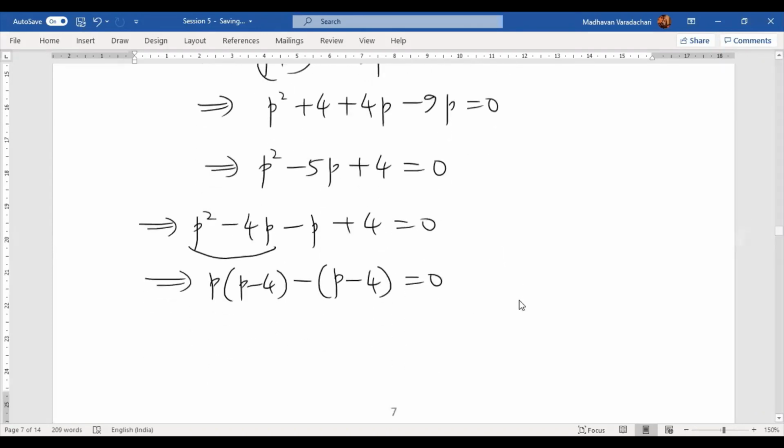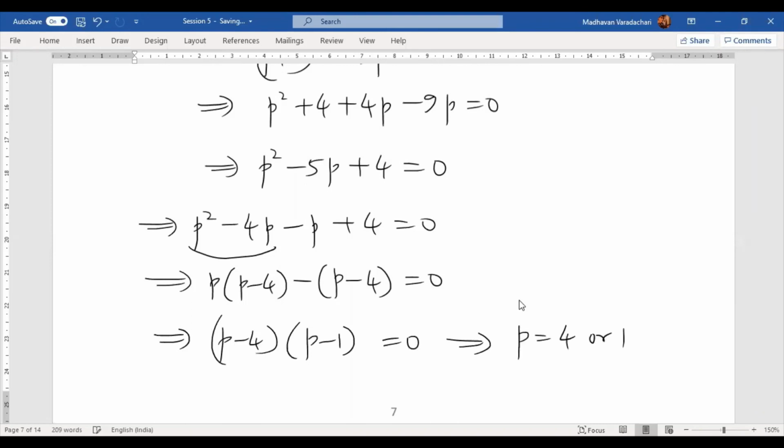So we get p minus 4 times p minus 1. That means our p value is 4 or 1. So that is what we were supposed to find, the values of p. It should be either 1 or 4. So that is the solution for this particular problem.